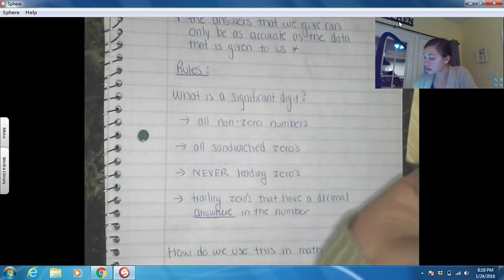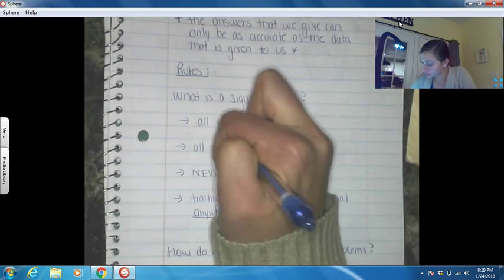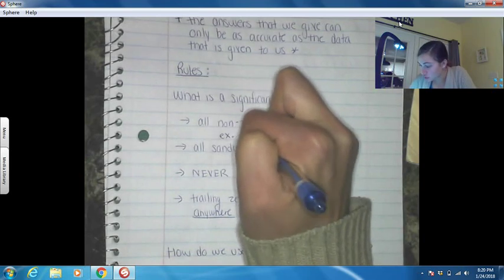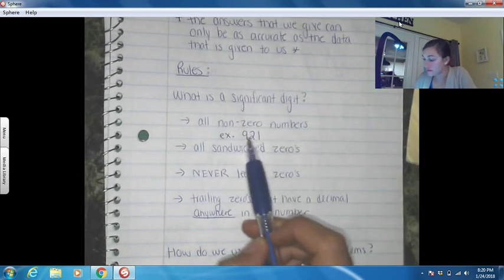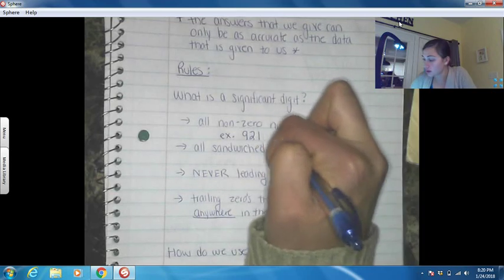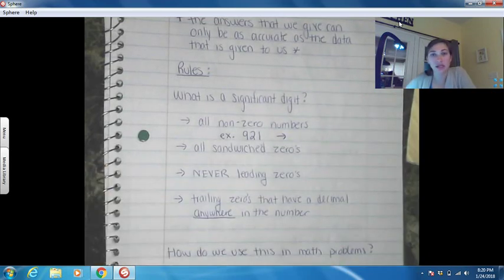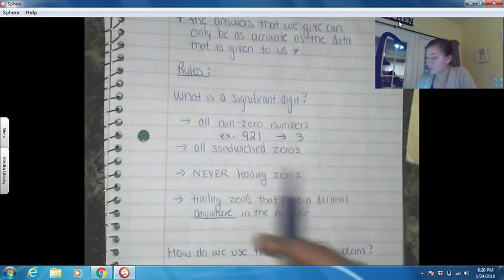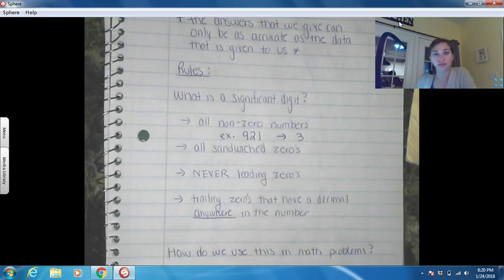So for example, 921. All of these numbers are non-zero numbers, so all of them are significant. If I were to ask you how many sig figs or how many significant digits are present in this number, you would say 3, because all of these count.